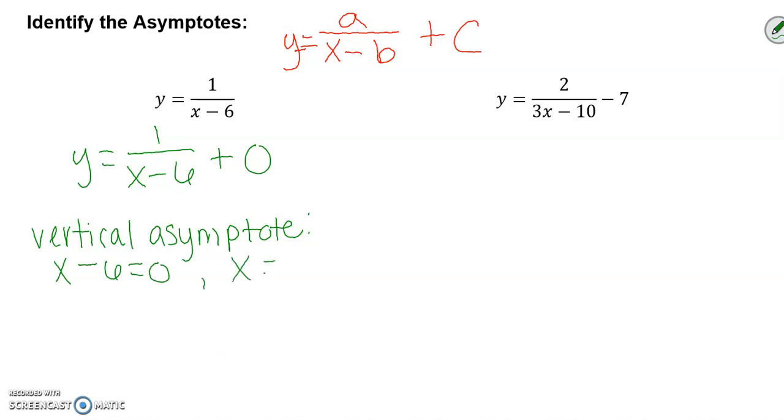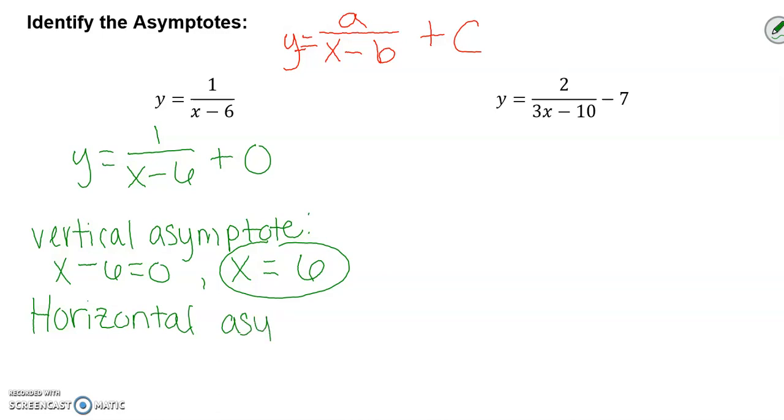Therefore, x equals 6. And our horizontal asymptote is going to be at that c value. So at y equals 0.